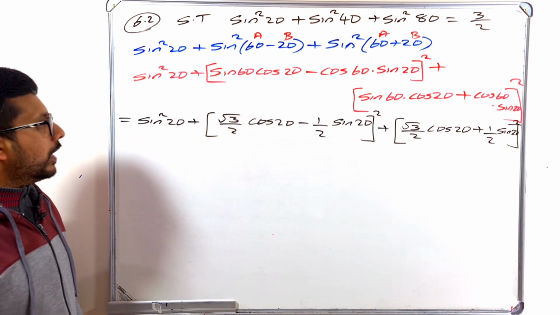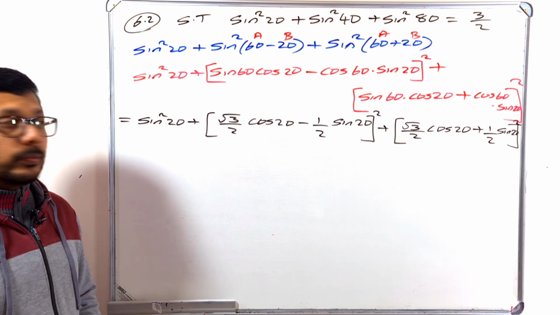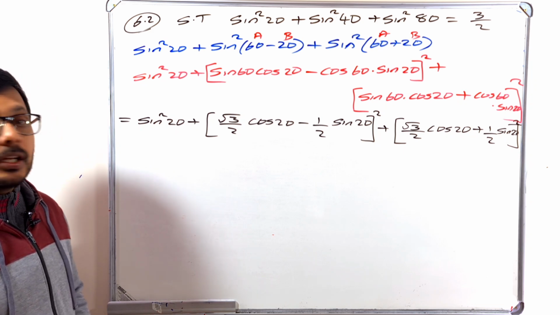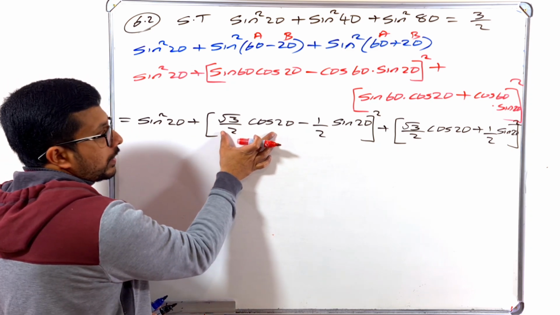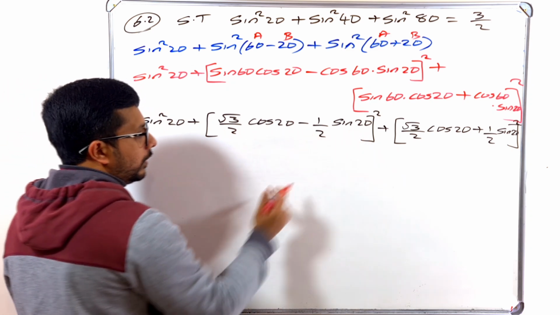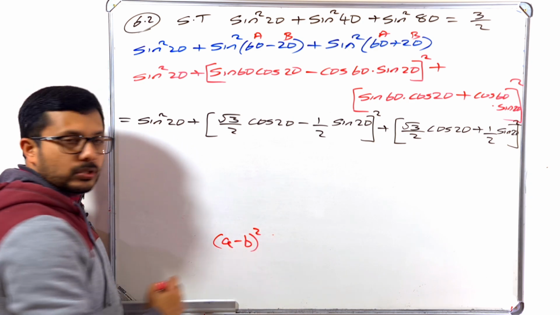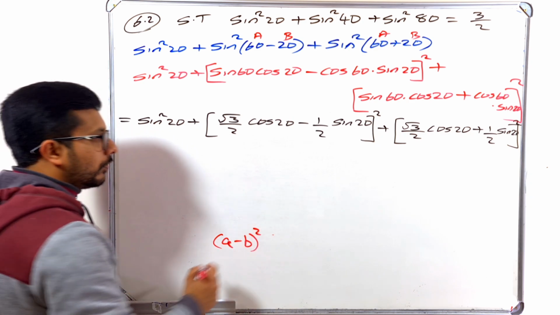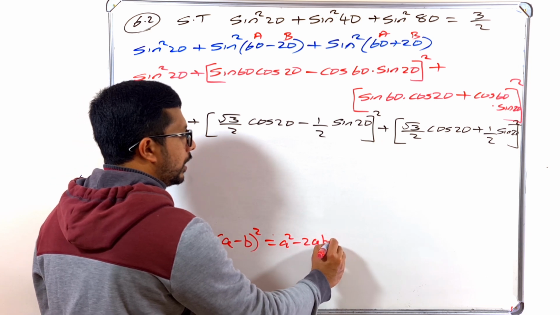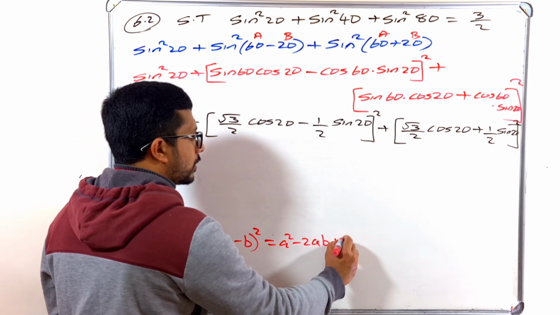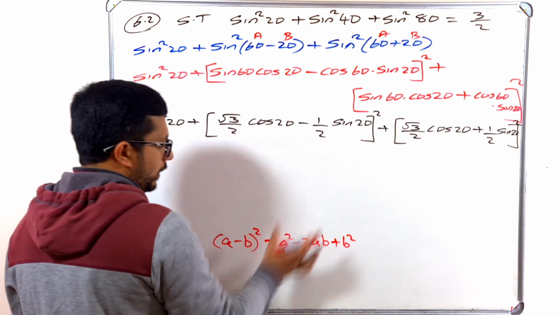Now we have to expand this one. That's too much work. If I consider this as a and this one as b, it is a minus b the whole square. What is the expansion? a square minus 2ab plus b square. So I'm going to expand like this.